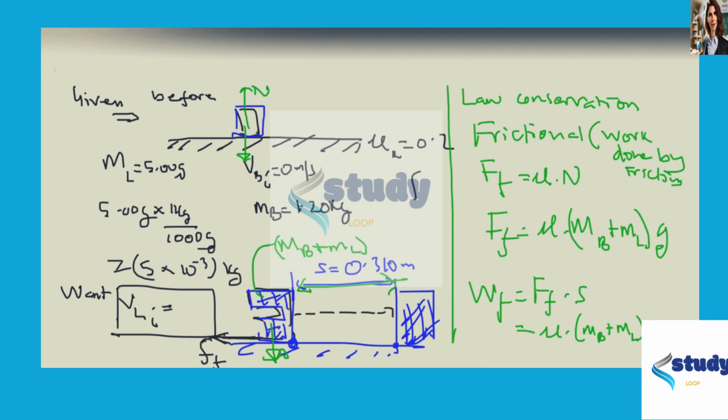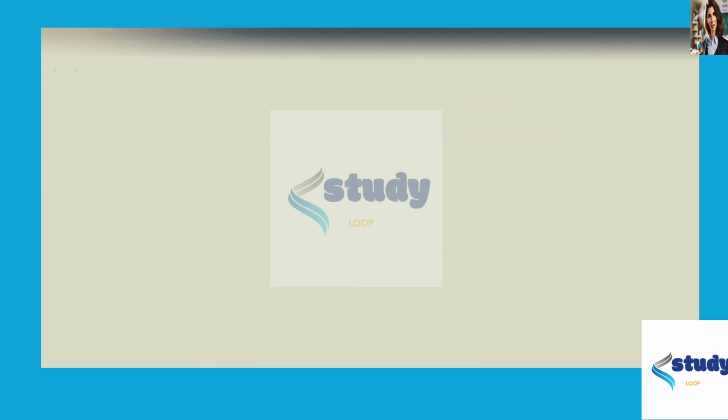The second part of the problem: our goal is to find the initial velocity of the bullet. So we're using two laws.